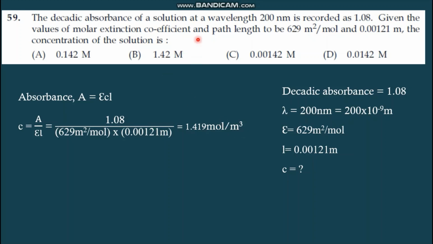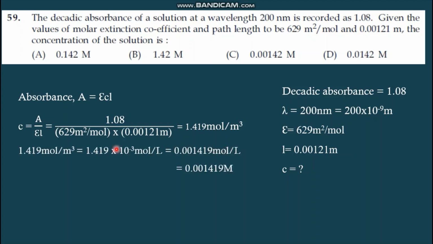But here the option is given in molar, meaning mole per liter, so this value we have to convert into mole per liter. So 1.412 mole per meter cube, how can we convert mole per meter cube to mole per liter? Just multiply with 10 raised to minus 3 or divide it by 1000.